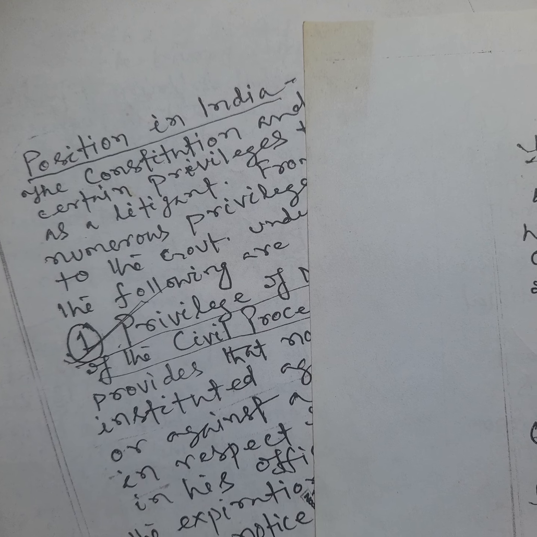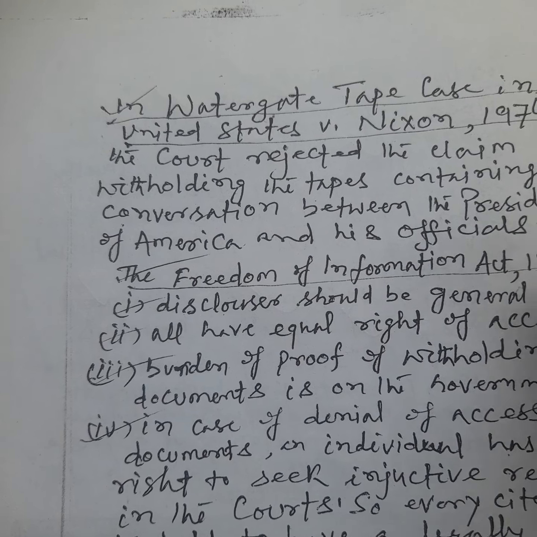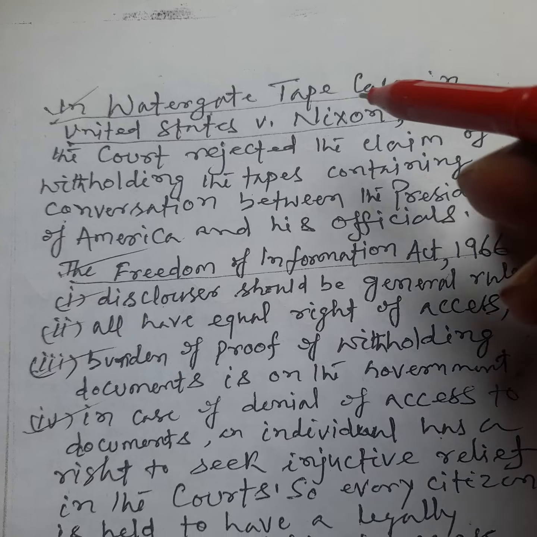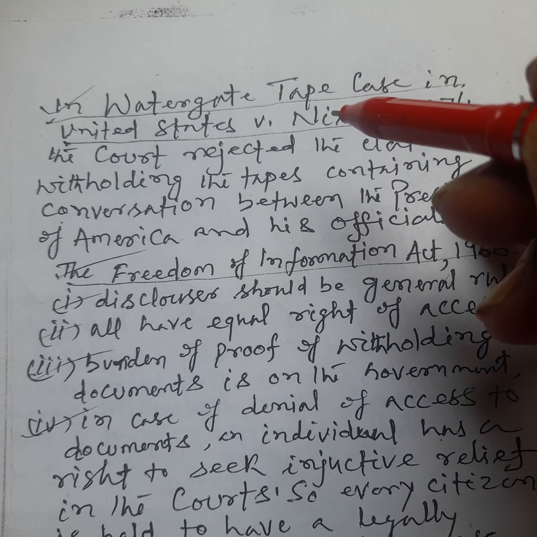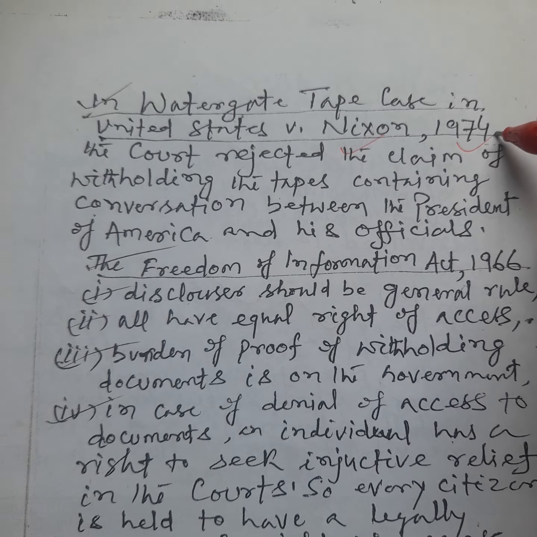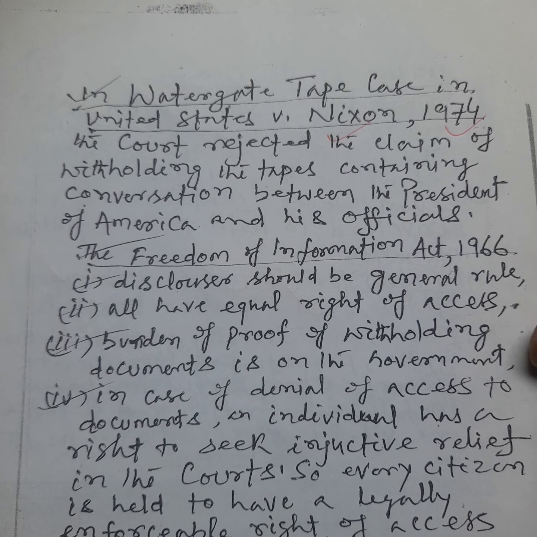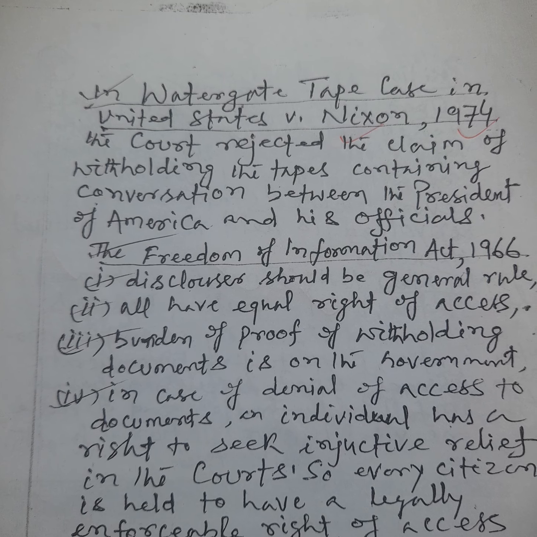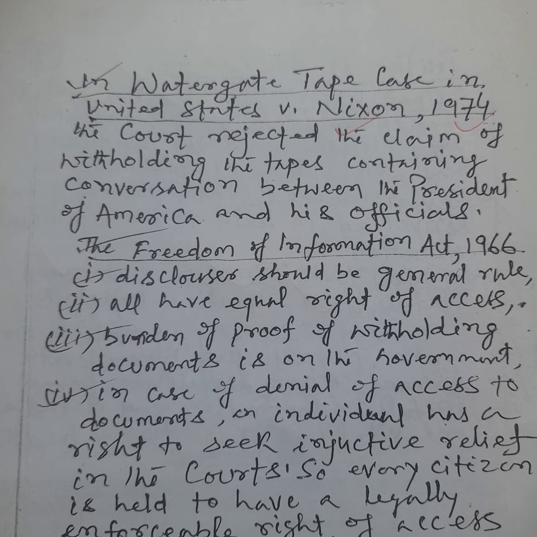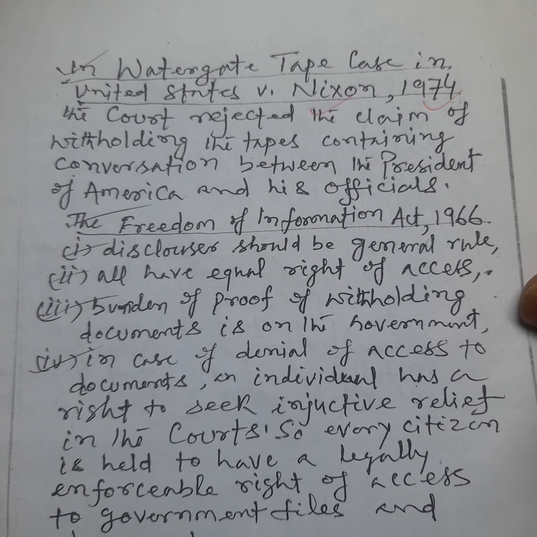So also in the Watergate Tape case, United States versus the late President Richard Nixon in 1974, the court rejected the claim of withholding the tapes containing conversation between the President of America and his officials.